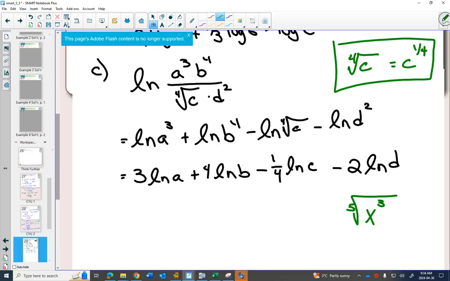This is the same as x to the 3/5. So changing your radicals to exponents, something from grade 11 or maybe even grade 10, comes up a lot in calculus next year. So it's good to review that here as well.